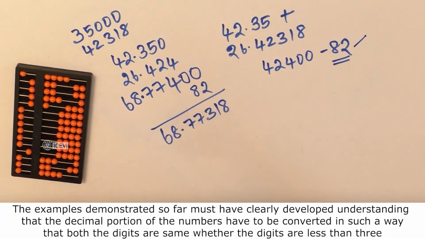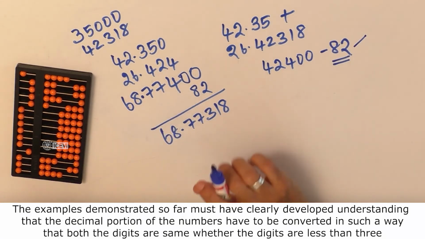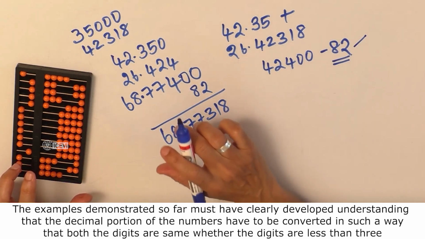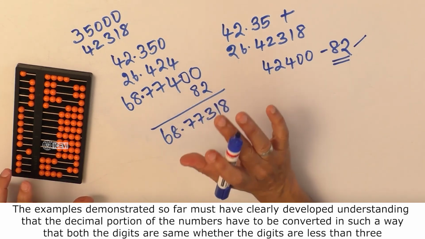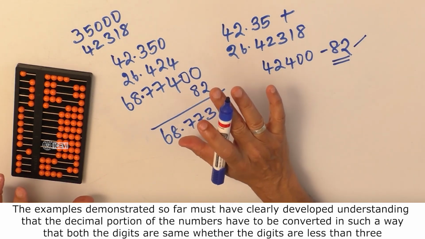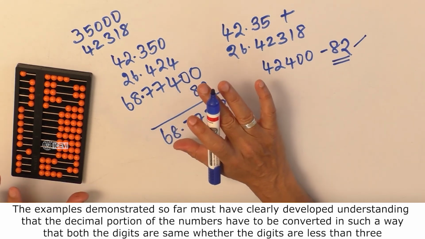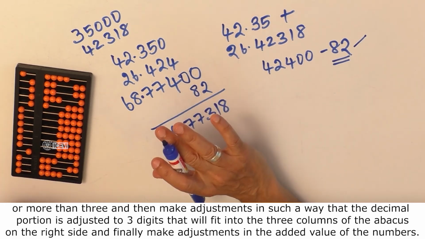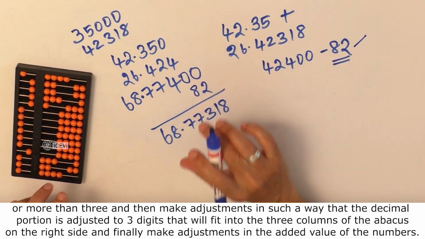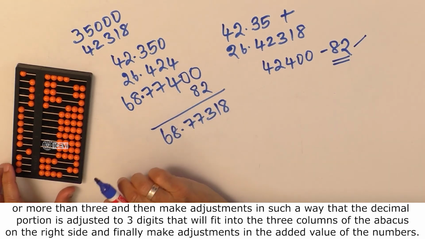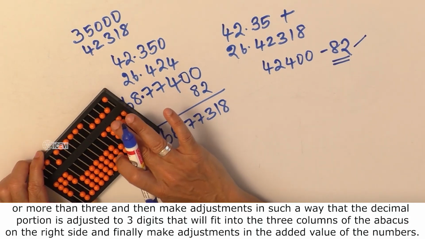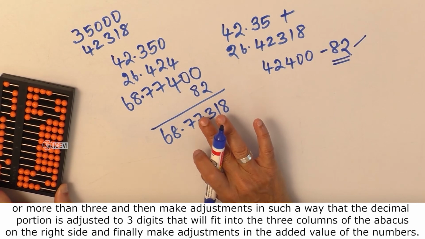The examples demonstrated so far must have clearly developed understanding that the decimal portion of the numbers have to be converted in such a way that both the digits are same, whether the digits are less than 3 or more than 3, and then make adjustments in such a way that the decimal portion is adjusted to 3 digits that will fit into the 3 columns of the abacus on the right side, and finally make adjustments in the added value of the numbers.